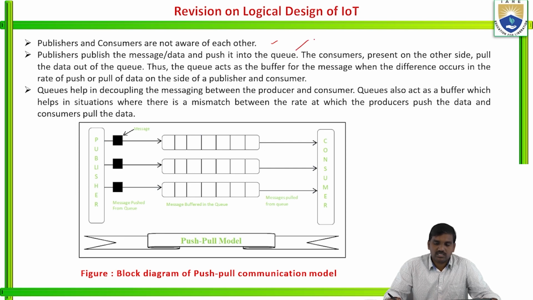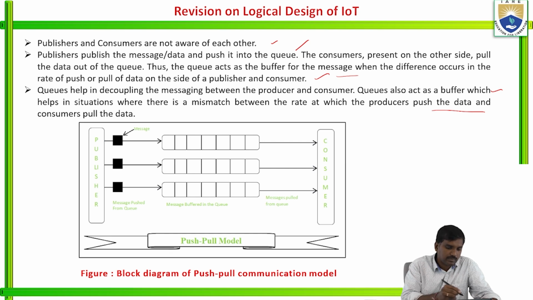The consumer on the other side pulls the data from the queue. Thus the queue acts as a buffer for the messages when a difference occurs in the rate of push and pull on the publisher and consumer sides. Queues help in decoupling the messages between the producer and consumer, and also help where there is a mismatch between the rate at which the producer pushes the data and the consumer pulls the data.